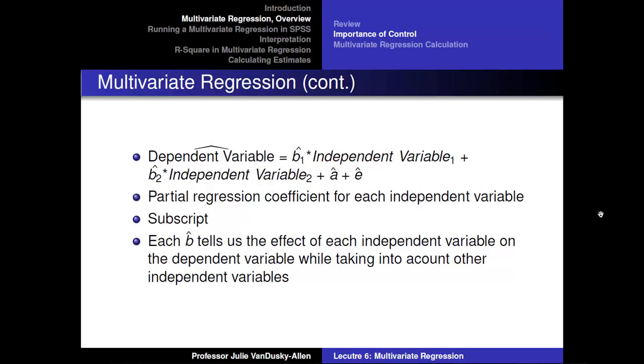And note that the subscripts tell us which b hat belongs to which independent variable. So b hat 1 belongs to independent variable 1 and b hat 2 belongs to independent variable 2. Each b hat tells us the effect of each independent variable on the dependent variable while taking into account the other independent variables.